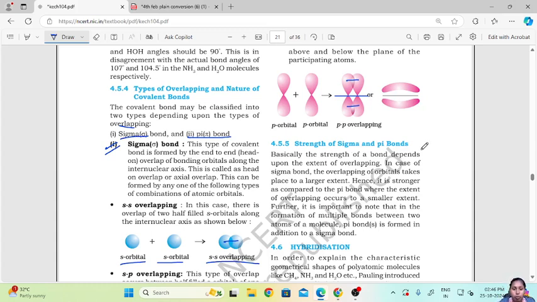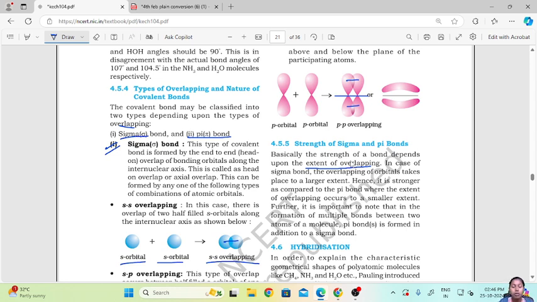Basically, the strength of bonds depends upon the extent of overlapping. This I already told you when we were discussing the overlapping concept, that the strength of the bond depends on the extent of overlapping, to what extent the overlapping has taken place. In case of sigma bonds, the overlapping of orbitals takes place to a larger extent.